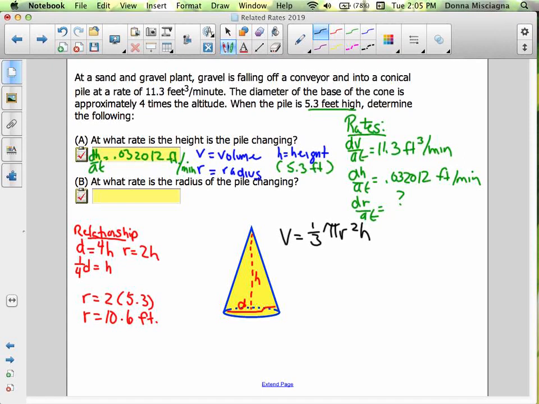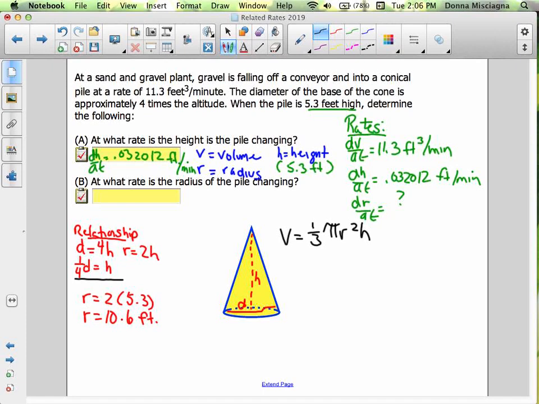So let's do that. Now we want to replace the height since we want dr dt, and right here we have our relationship. The height is 1/4 of the diameter. Of course, we're not going to use diameter, we're going to use the radius.